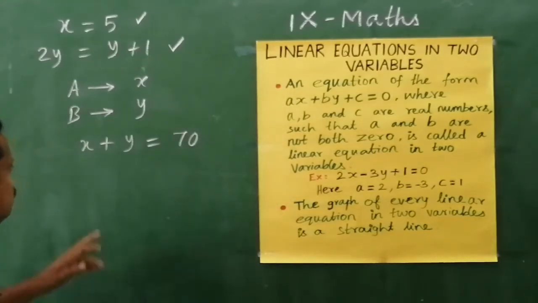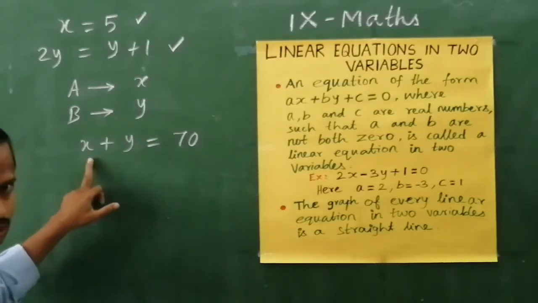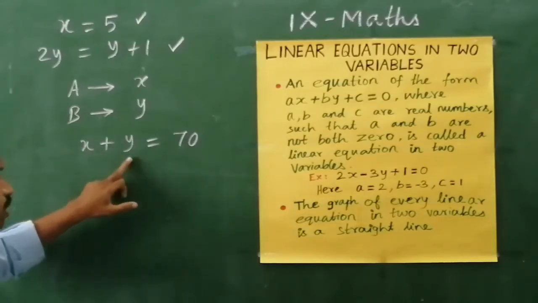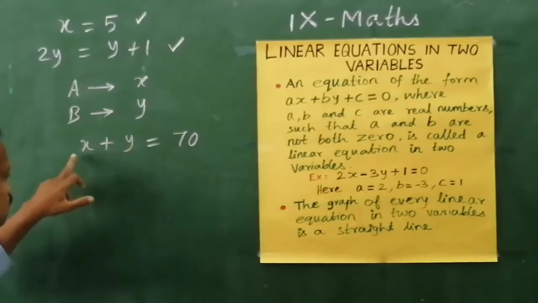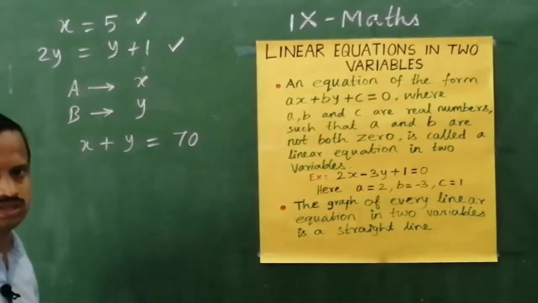Here comes the two variable linear equation, because the highest power of variable x is 1 and y is also 1. So, the degree is 1 anyhow. So, this is the best example for a linear equation in two variables.